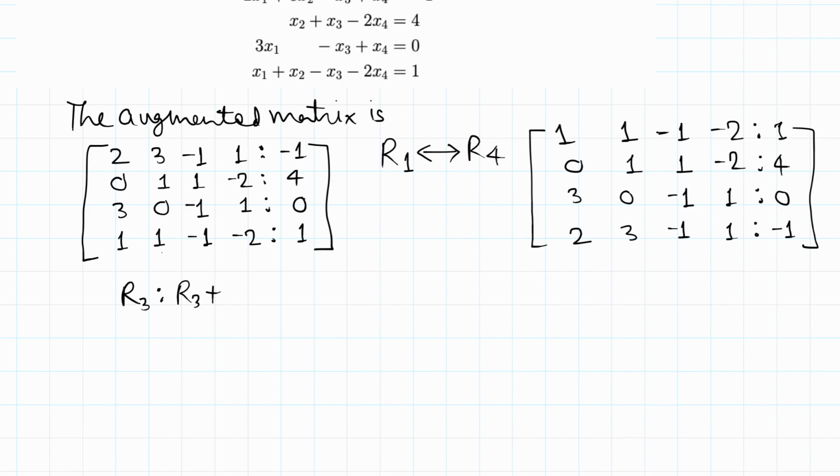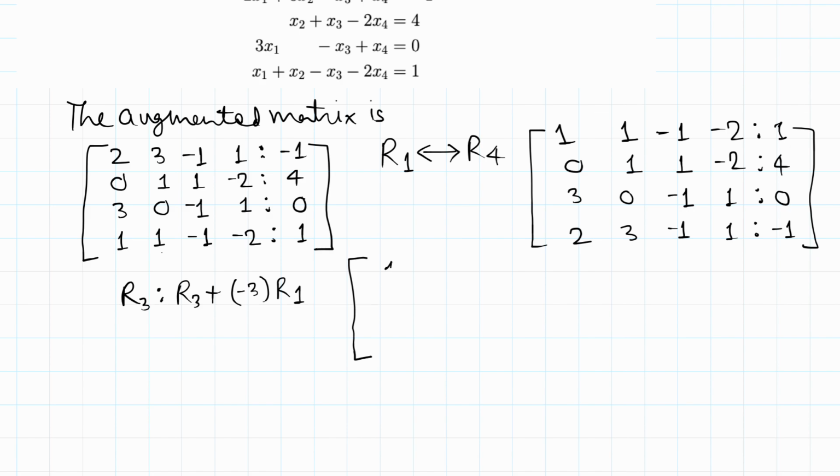So let's multiply this by negative 3. When we multiply R1 by negative 3, this becomes negative 3, and 3 plus negative 3 is 0. So R3 plus negative 3 times R1. That means we are only working on R3.